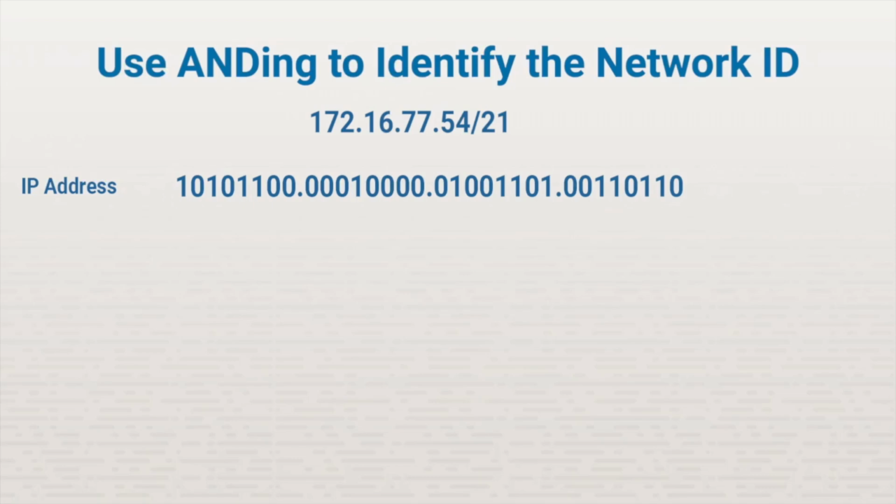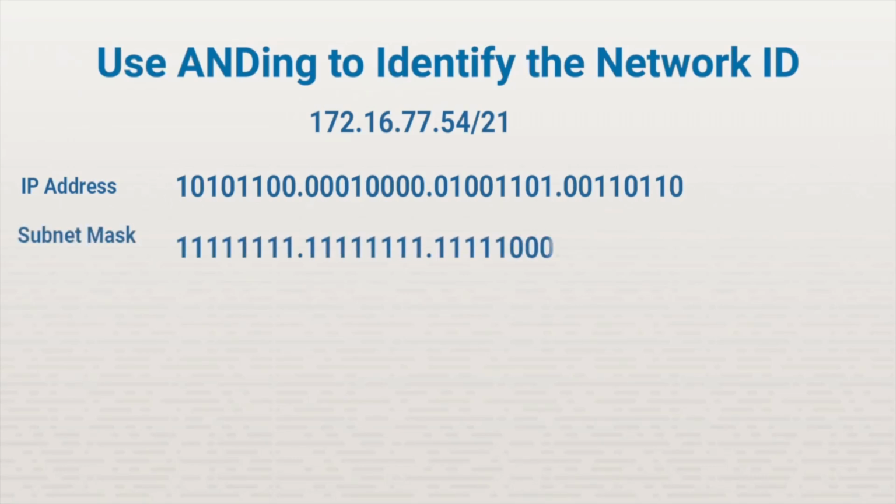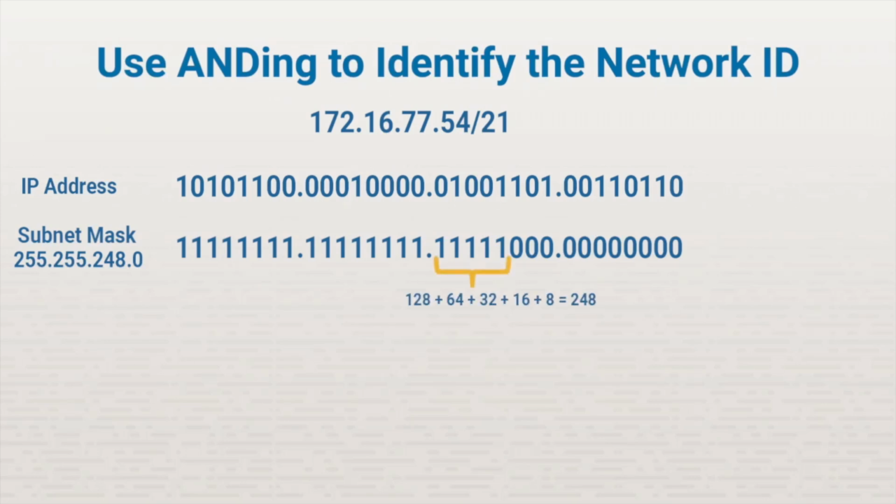Next, you need to convert the CIDR subnet notation, 21 in this case, to its binary equivalent. Remember that the /21 tells you there are 21 ones in the network ID, with 5 of those being borrowed from the third octet. This means that the subnet mask is 255.255.248.0. The value of 248 is derived by adding the value of the bits in the third octet.